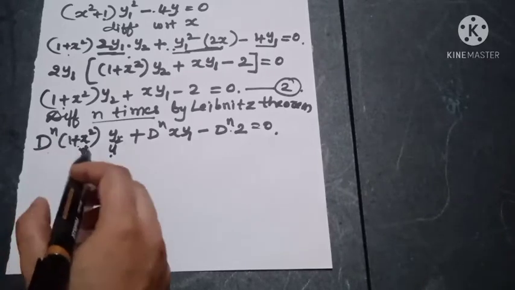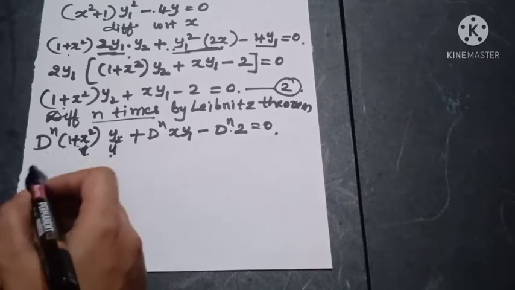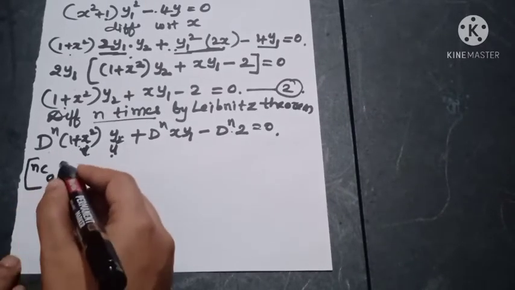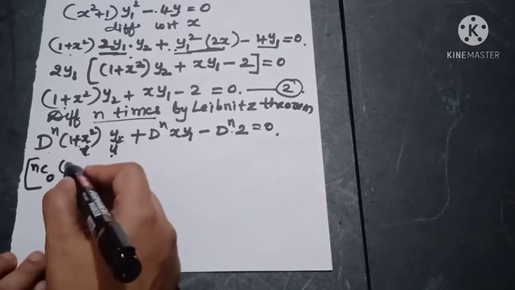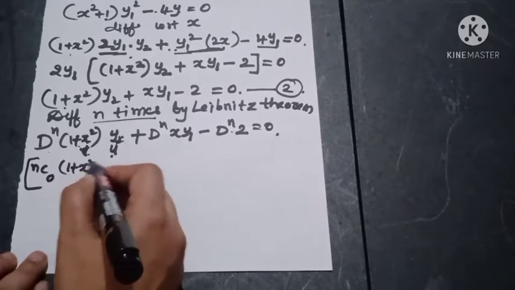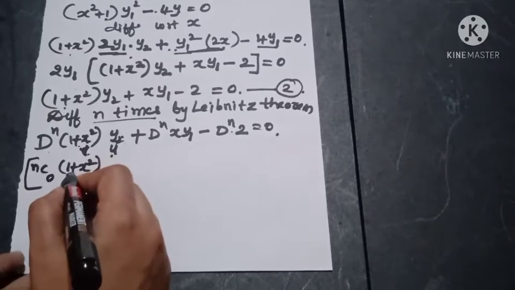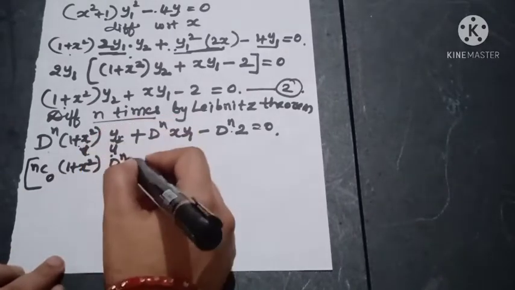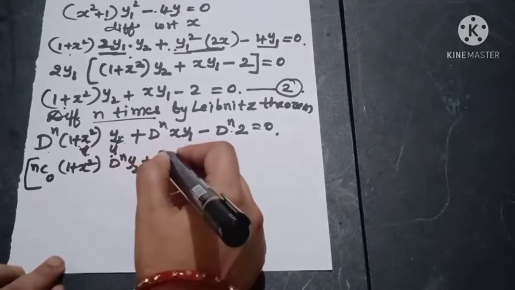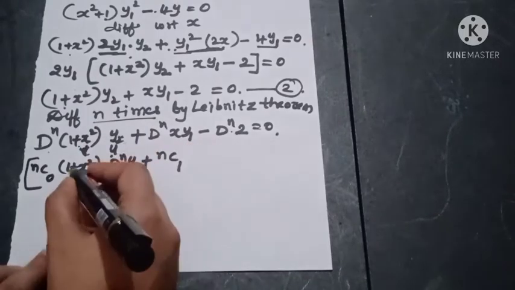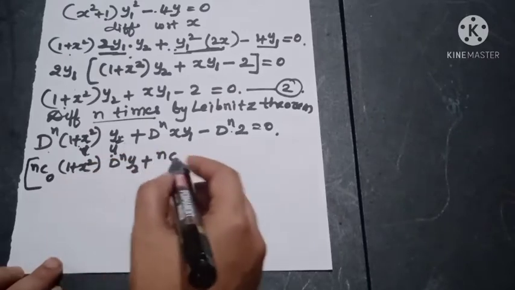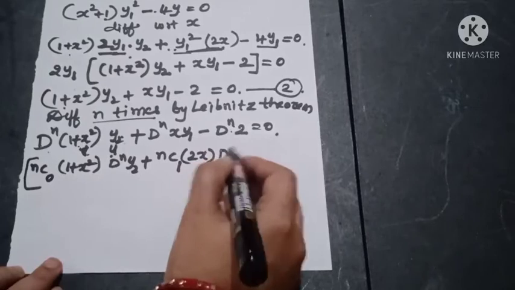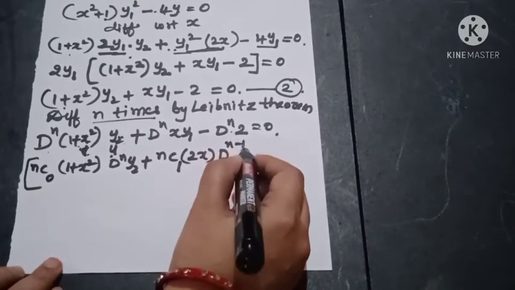So differentiating n times the uv function, Leibniz theorem says nc0, v as it is, and differentiation of the y2 function n times, plus nc1: differentiate v, this is 2x, and differentiate y2 n minus 1 times.